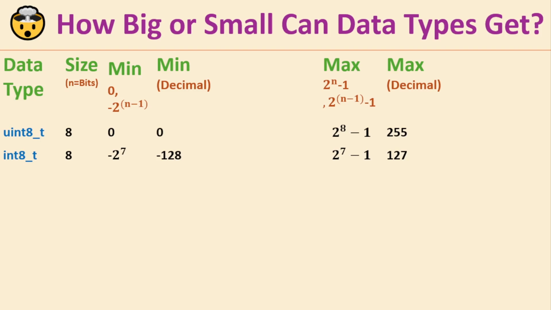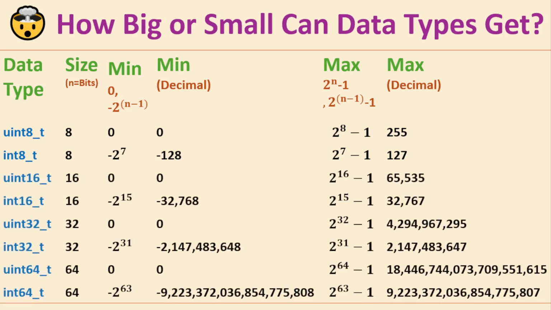A signed 8-bit variable can hold values from minus 2^(n-1) to 2^(n-1) minus 1, where n is 8. This method of storing negative integers is known as two's complement, used across all processors: Intel, ARM, ESP32, and AVR.